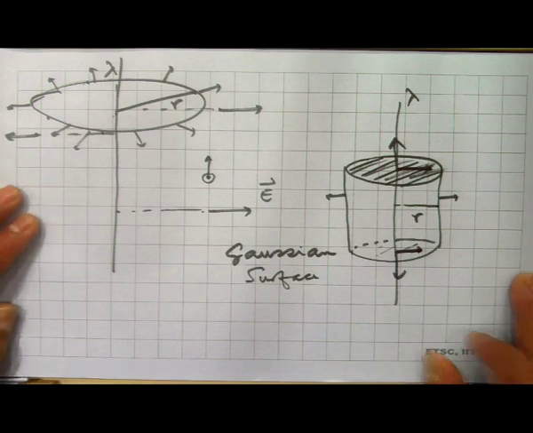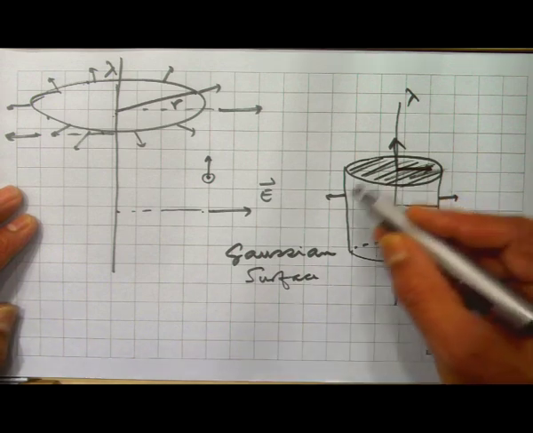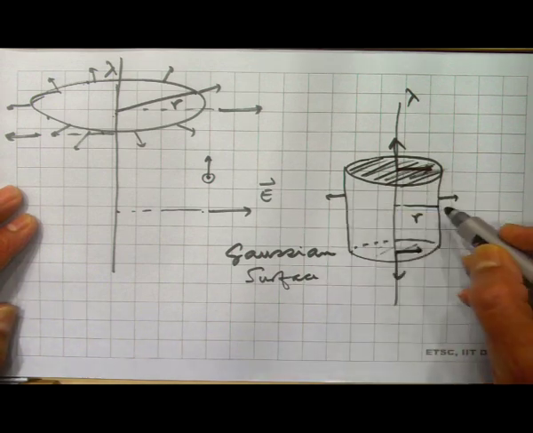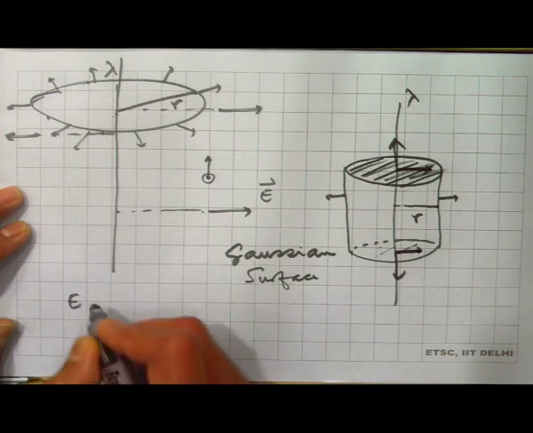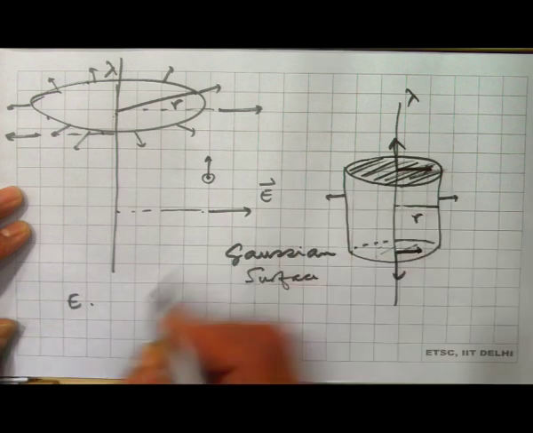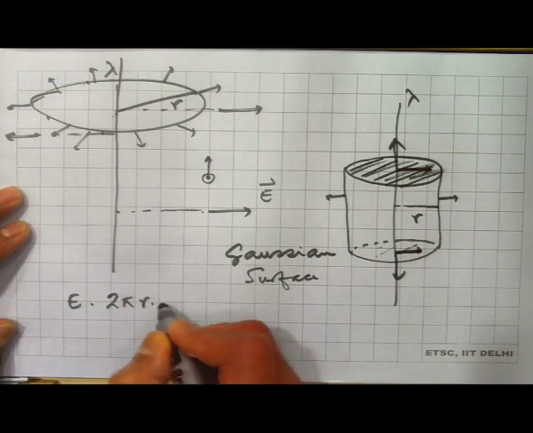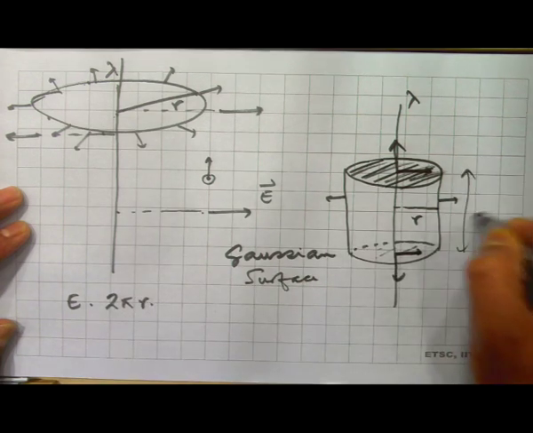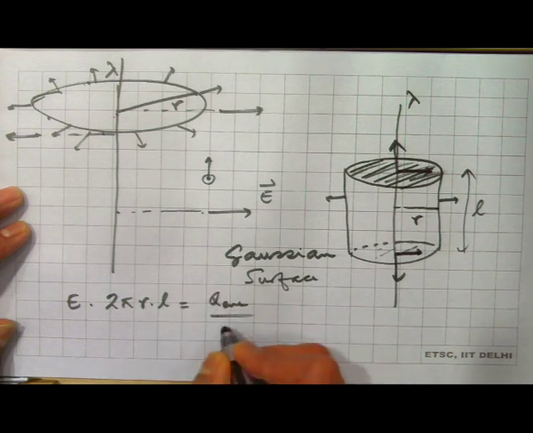Number 1. Number 2, the electric field is at all points along the normal to the cylindrical surface. So, all I need to do is, because the electric field is constant on the cylindrical surface and it is along the same direction as the normal at every point on the surface, Gauss's law will tell me E magnitude times the surface area of the cylinder, which is 2 pi r times L, if the length of the cylinder is L, is equal to the charge enclosed divided by epsilon 0.